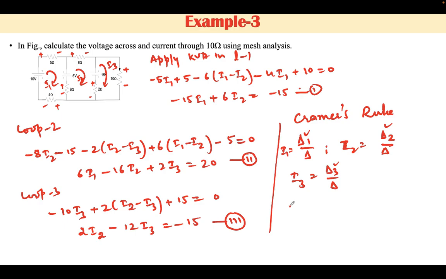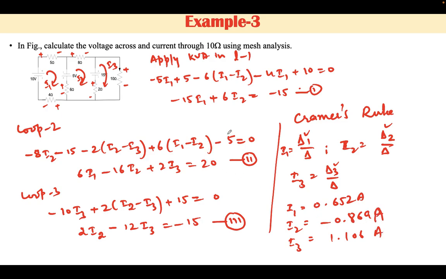From here we can find I1 will be equal to 0.0652 ampere, I2 will be equal to minus 0.869 ampere, and I3 will be equal to 1.106 ampere.